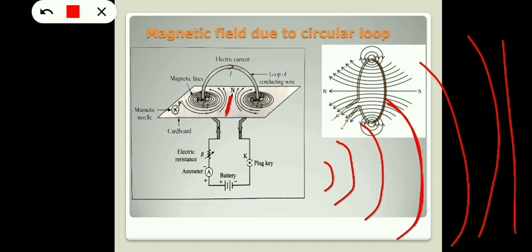But actually it is not like that, because since the radius is increasing and increasing, finally it appears like a straight line. It is not a straight line there. It appears to be a straight line there. Actually, it is the continuation of that circular loop itself. It's still a circular loop. So that's why at the center of the coil, it looks like a straight line.